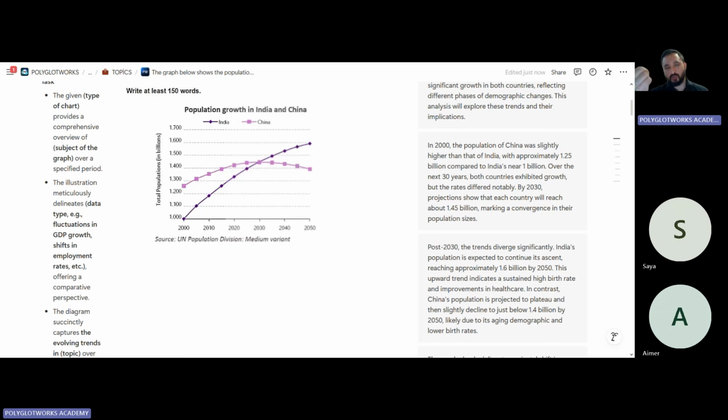Now, I'm not saying by 2050 because I don't want to repeat the same words, same numbers. I can say by the same year. And after it, this indicates a reversal in demographic dominance. I will give you this article after the lesson so you can read both sides. This indicates, this shows, this situation expresses, demonstrates, illustrates.